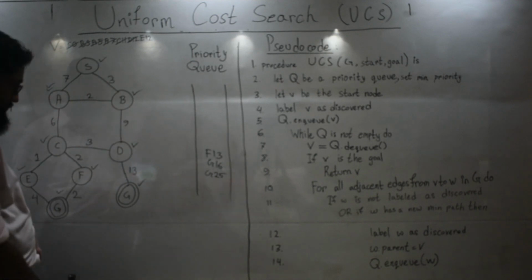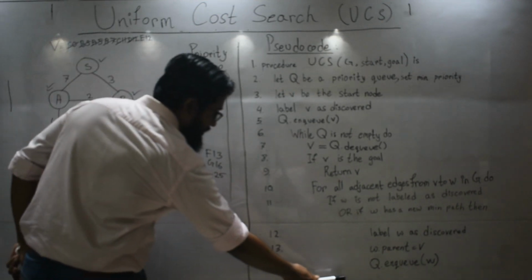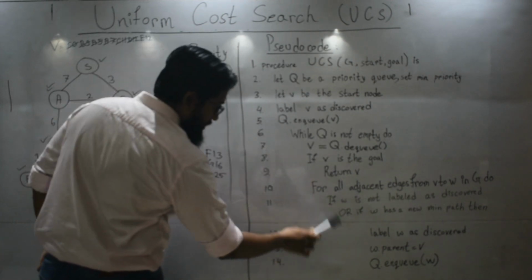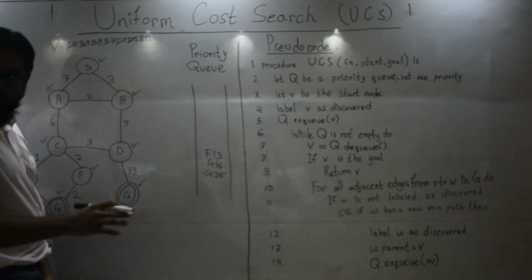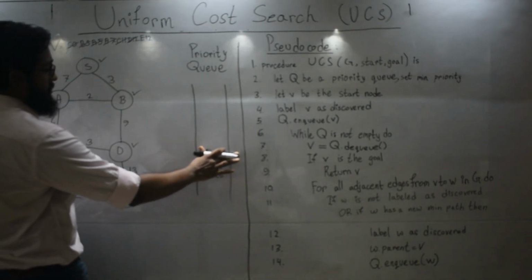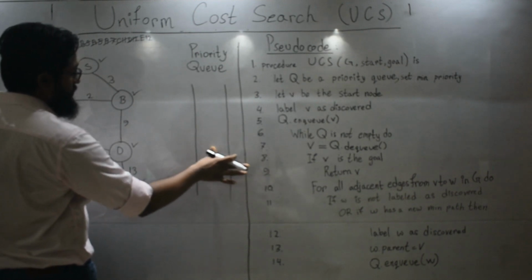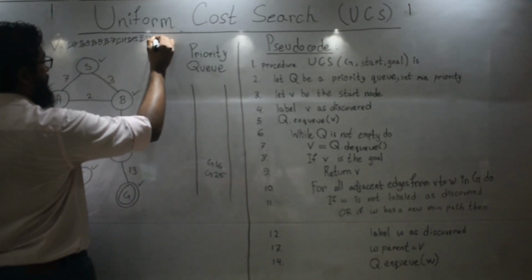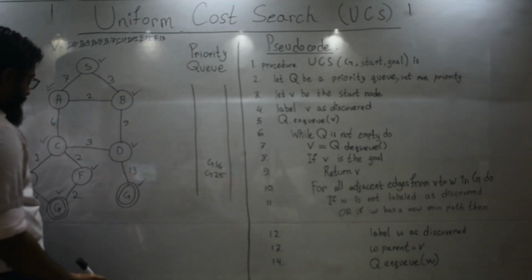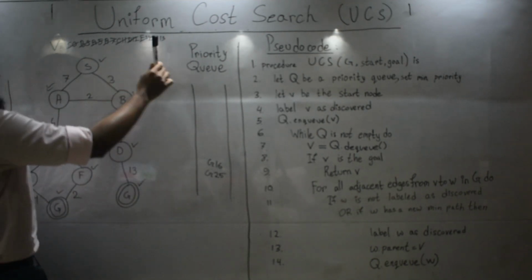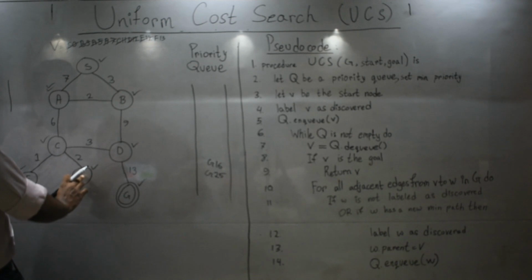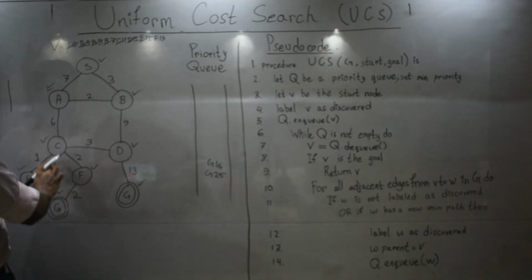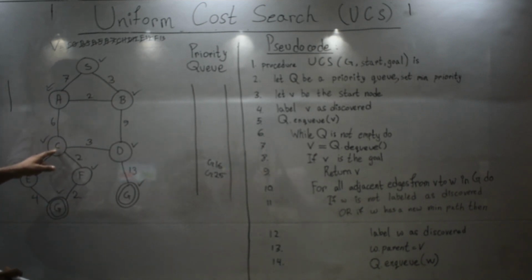Now we have reached the end of this loop and we will again return to line number 7. So let's dequeue whatever is on top. So F13. Now let's check. F13 is not my goal node, so let's go on. F13's neighbors are C and G. C has been visited and already has the minimum path.